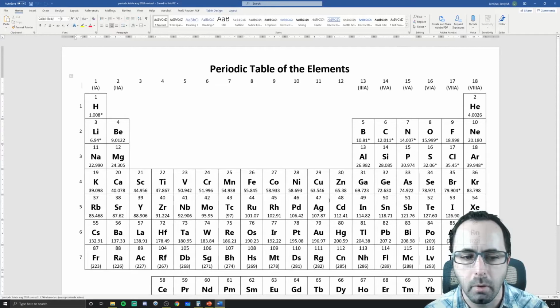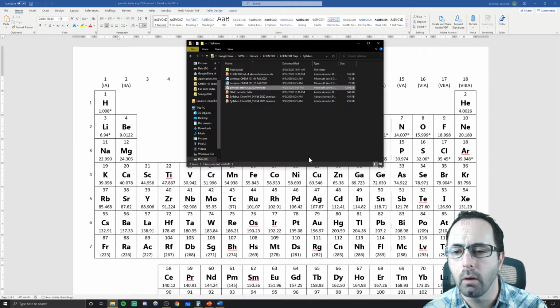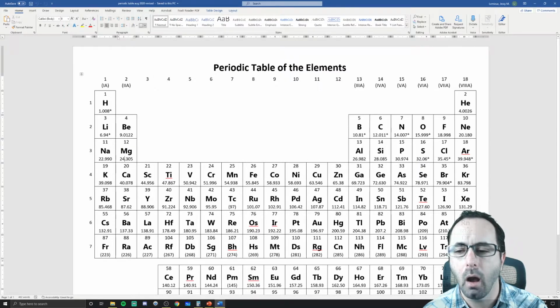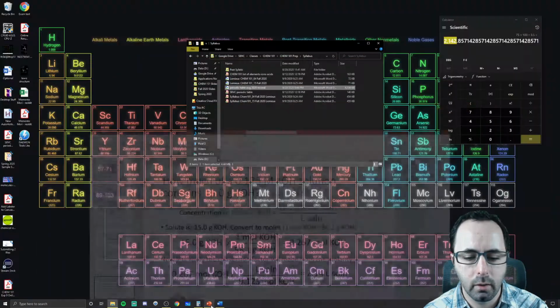All right, and here's our periodic table. So you can see for magnesium it's 24.3, for hydrogen it's about 1, and for oxygen it's about 16. So going back to our slideshow.